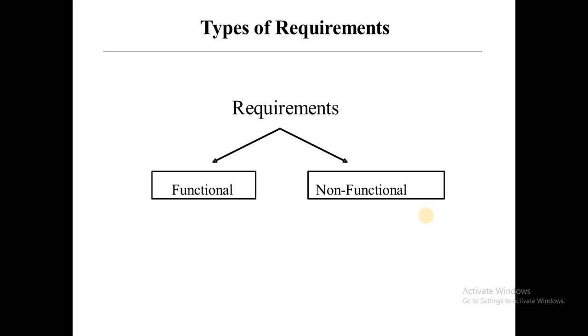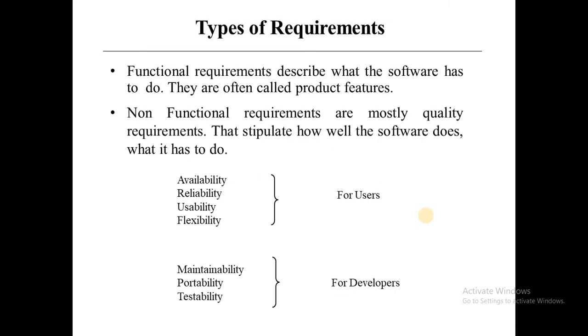Types of requirements: functional and non-functional. As I told earlier, requirements can be broadly classified into two types. Functional requirements are also called product features, what the system will do, and non-functional are called quality-related or performance-related requirements.